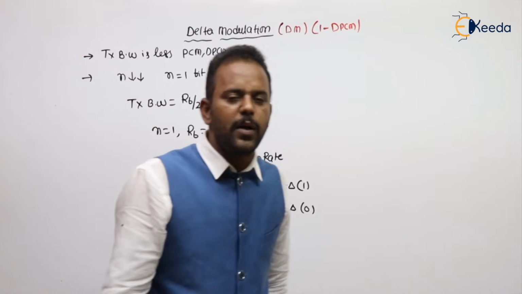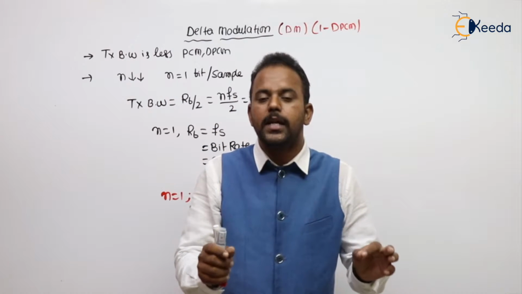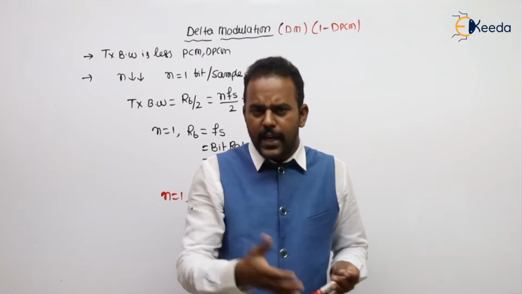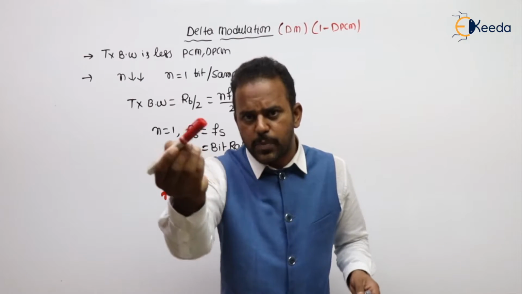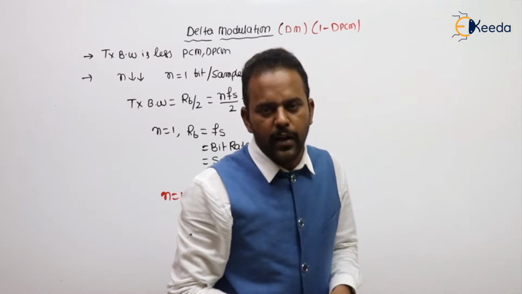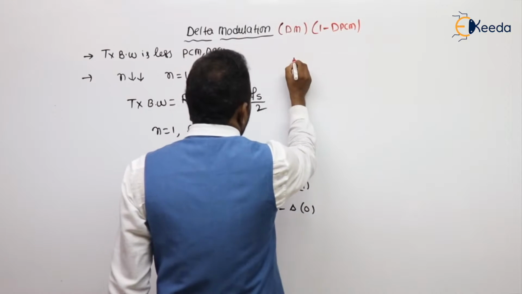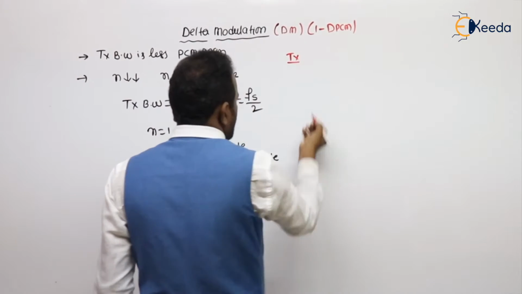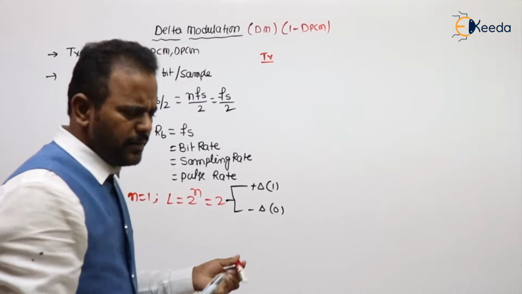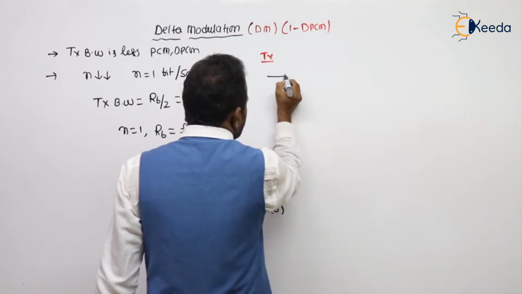So finally in delta modulation, what we are doing, sir? We are taking the difference between present and previous sample. Let's see the delta modulator transmitter block, and then I will also take an example to explain how the process is going on. In the delta modulator transmitter block, we have a low pass filter, and the first block is the sampler.